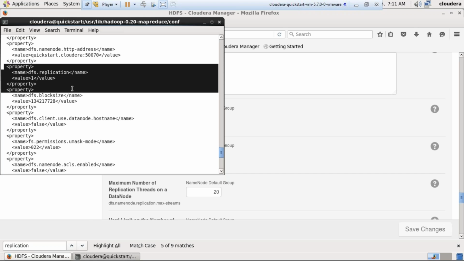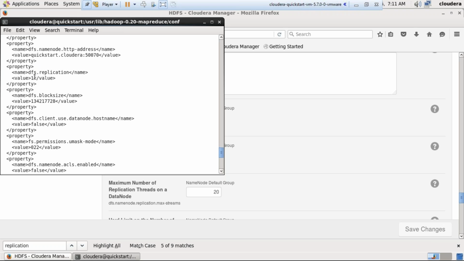See the property here? DFS.replication is set to be 1 here. Because this being a pseudo cluster, this number can be configured by you either to 2 or 3 or even 4, even 5. The more you configure the replication factor, the less the storage you'll be able to use that is available in terms of the node.